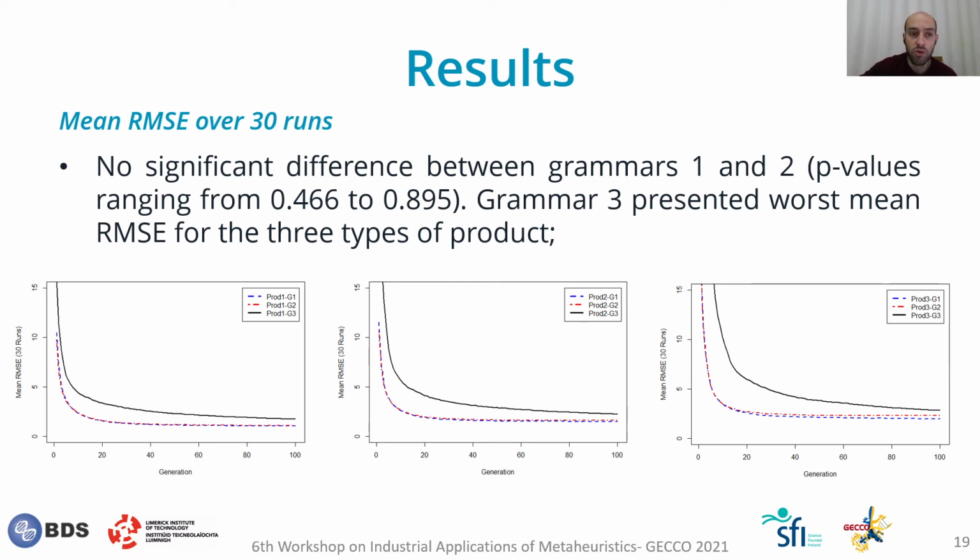The p-values ranged from 0.46 to 0.89, but grammar 3, or the trivial plus seeds grammar, presented the worst mean RMSE for the 3 types of product. So we can see on the 3 graphs here, the grammar 3 is this black solid line in all of them, and grammars 1 and 2 are represented by the dotted red and blue lines, and we can see that they are not so different to each other.